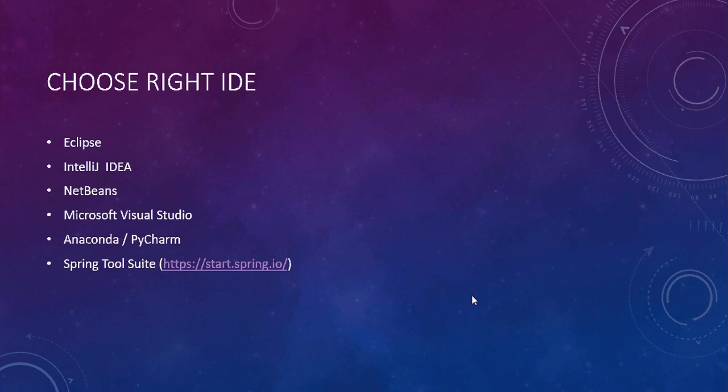And finally, if you are working on a Spring Framework project, then Spring Toolsuite is one of the best IDEs. It provides the environment to develop Spring applications, debug and deploy your applications. So these are the most popular IDEs available, and based on your need, you can choose any one of them.